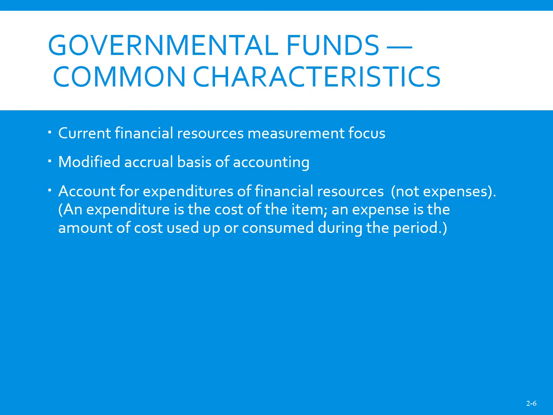Expenditures, and notice that it's expenditures, not expenses, is the cost of an item. An expense is the amount of a cost used up or consumed during the period. We'll get more in depth on that later on. But expenditures are accounted for under the modified accrual basis when they are payable using current financial resources.